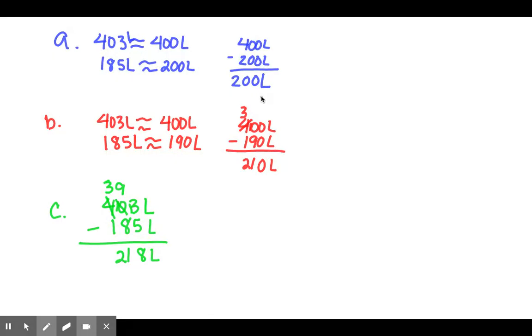It's not way off the mark. But if we look at which one is the closest, rounding to the nearest 10 liters is closer to the actual answer than rounding to the nearest 100. So this answer is closest to our actual answer of 218. So it would have been best to round to the nearest 10.